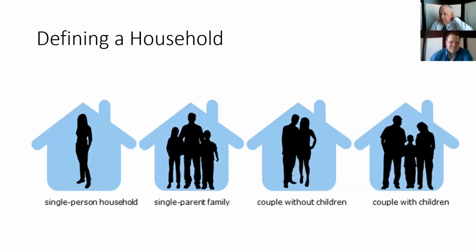Now, let me just tell you the differences between them and the implications of what it's going to mean for your practice. Does it mean doctors do not want to go to an area that has single-person households? Not at all. However, it will generally be true that when you have more people there, it's going to make more cost efficiency in your promoting of your practice with more people per household.